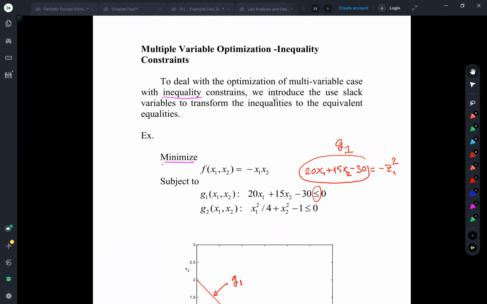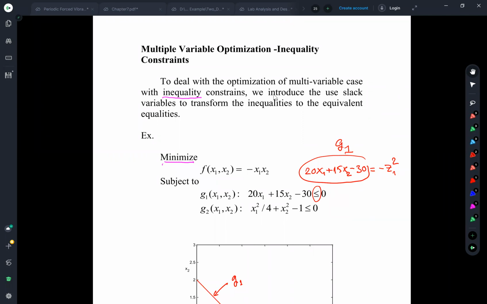With those variables, we also have some constraints. Normally we prefer to have equality constraints, but if we have inequality constraints, this is quite a big difference.